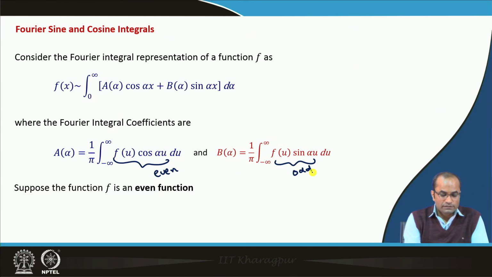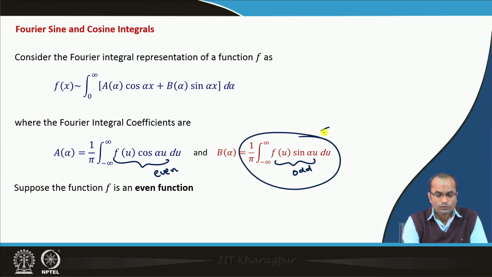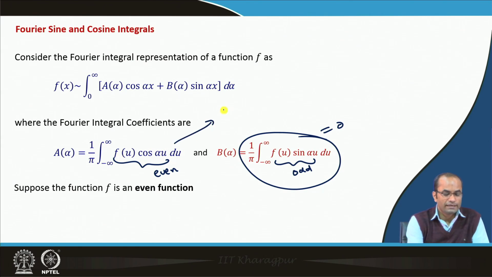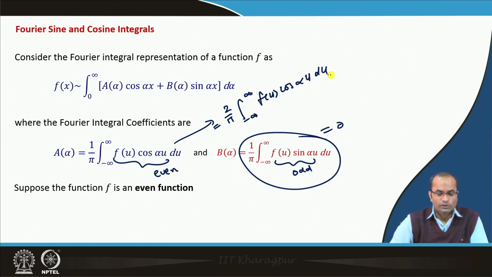So, in this case b(alpha) will go to 0 because the integrand is an odd function, and because the other integrand is an even function, we can write instead 2 over pi times the integral from minus infinity to plus infinity of f(u) cos alpha u du.